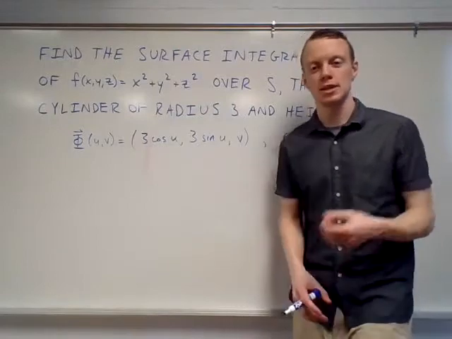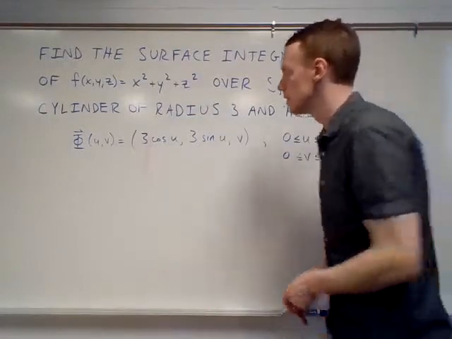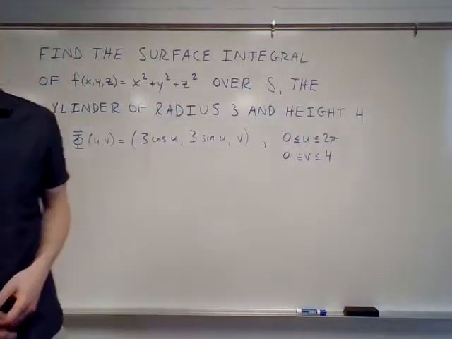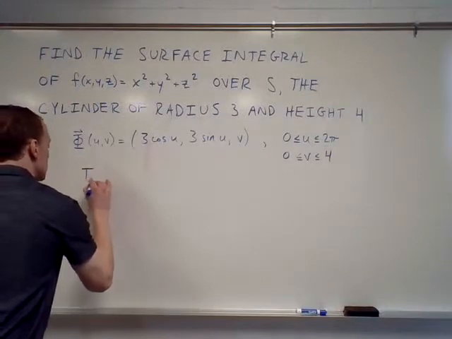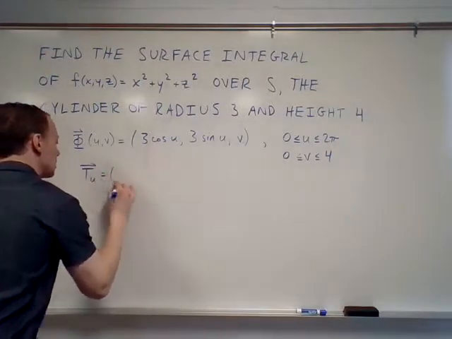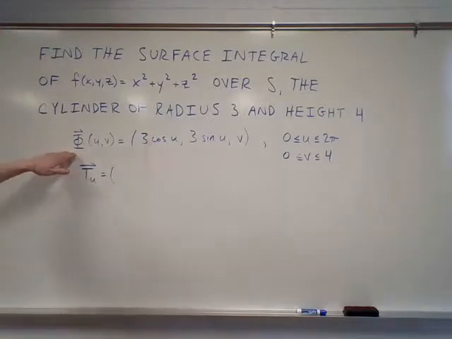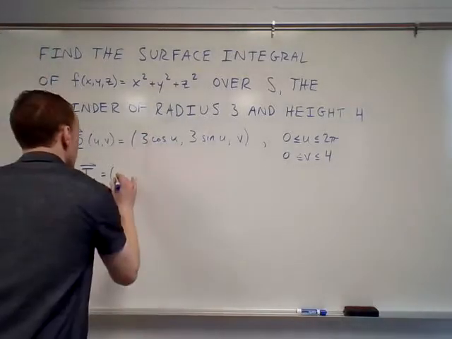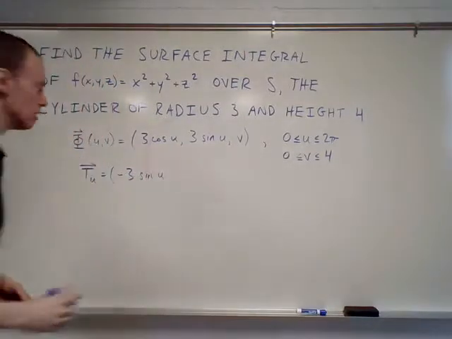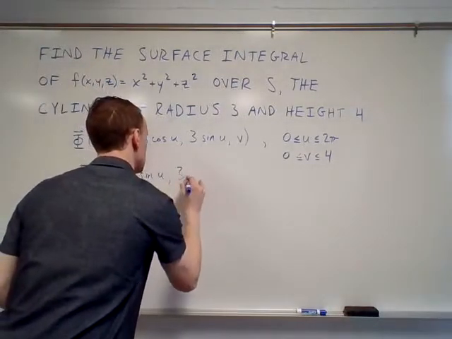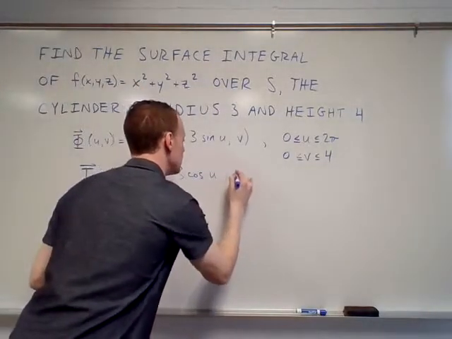We now need to take the partial of this with respect to u and v. And it doesn't take too much to find that t sub u, the partial of capital phi hat with respect to u, is going to be minus 3 sine of u, 3 cosine of u, comma 0.